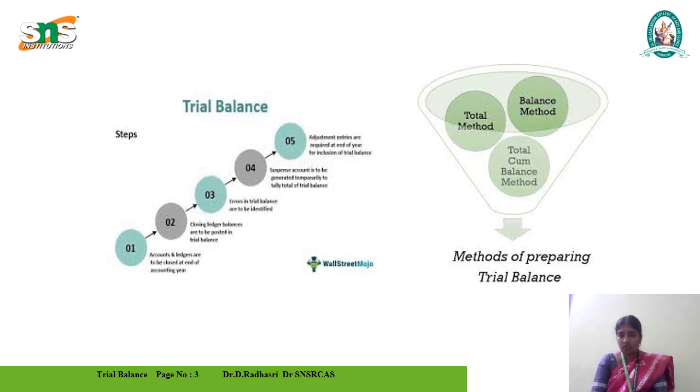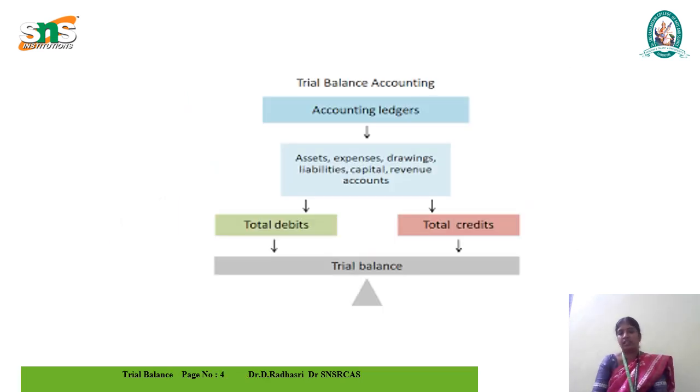In the debit column, all expenses are categorized. In the credit column, all the income of the business is categorized. That way, debit and credit are taken as total debit and total credit, and they should be equal; that balance is known as the trial balance.